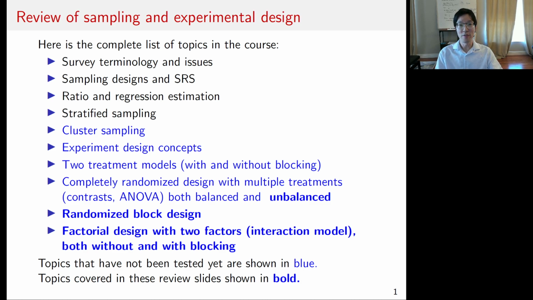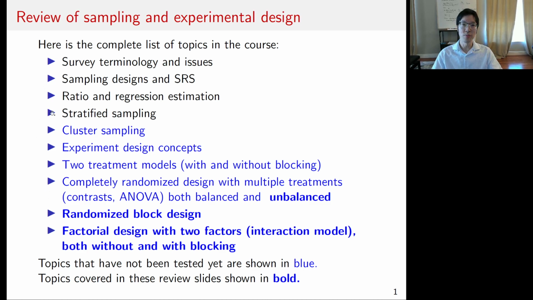On this first slide is simply a list of all the topics that we have covered in this course. This is just a very brief outline. I've blocked this into three categories.